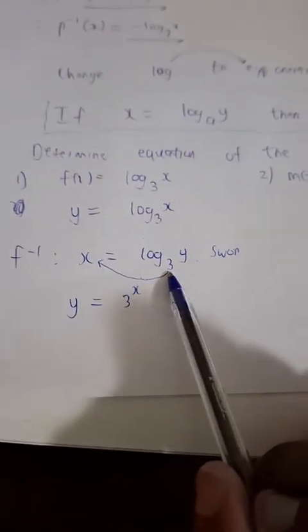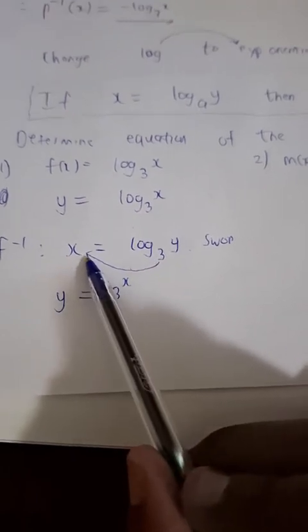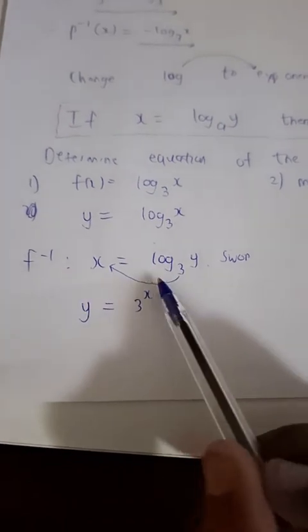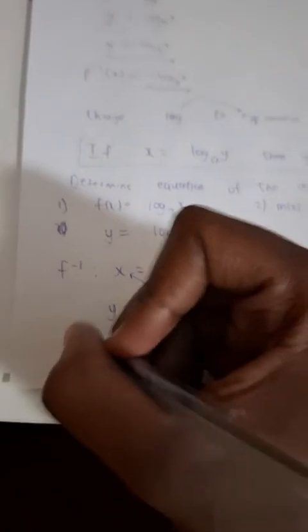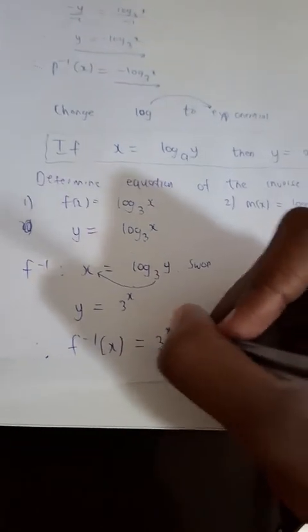Simply put, we've basically utilized this rule. So the way I tend to make my learners remember is that the 3 kicks the x, goes up, and then y is isolated. Log falls away and y becomes isolated. So therefore we can say the inverse of the function is equal to 3 to the power x.